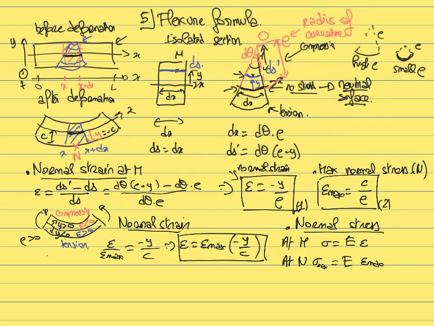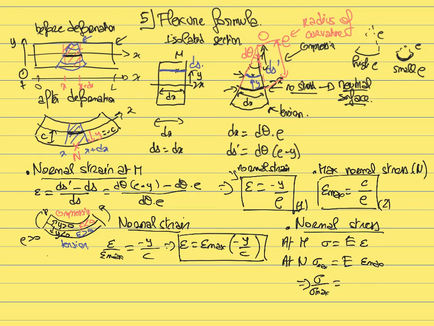So again, if you divide those two expressions one by the other, then you get this expression that the stress is equal to the maximum stress times... let me divide those two expressions. So I can take sigma divided by the maximum sigma.